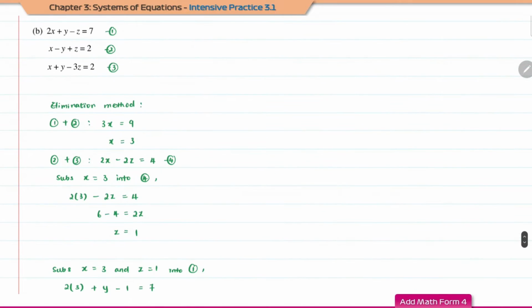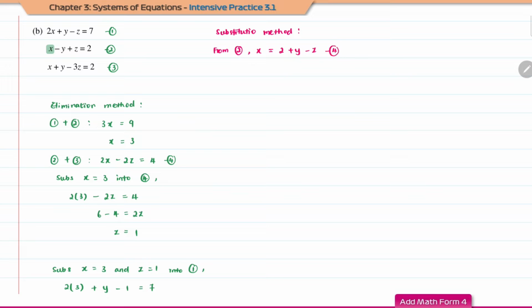So this is the first method. And for the second one, which is the substitution method, I'm going to choose the x from equation number 2 to become the subject of the formula. So from equation number 2, x is equal to 2 plus y minus z.